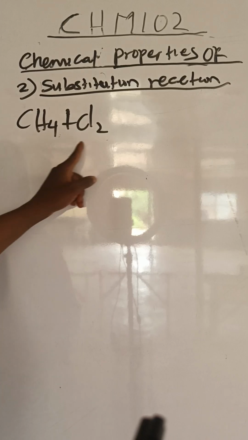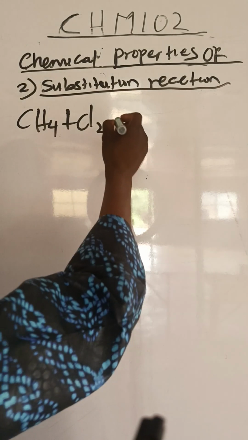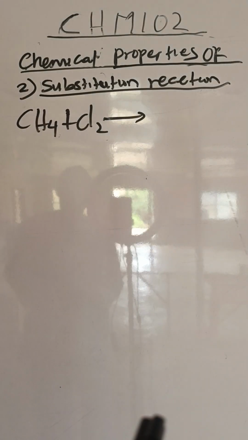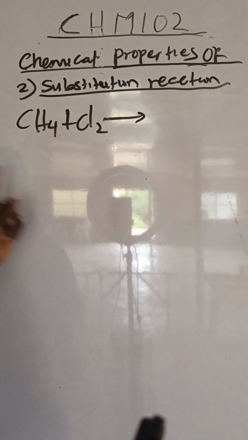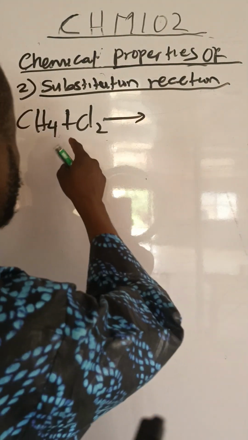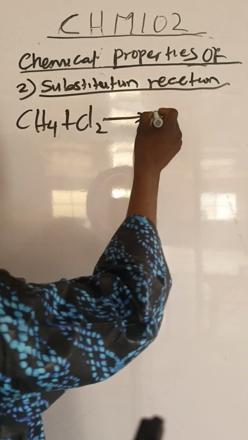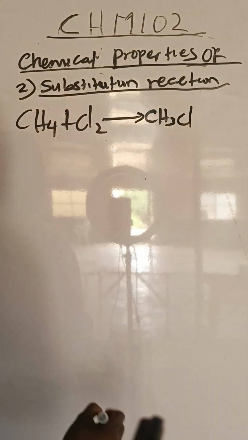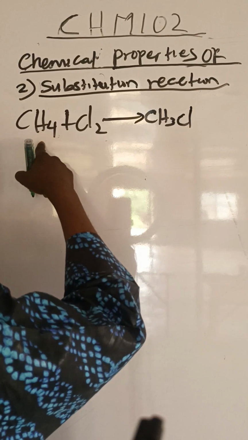Now, this methane will react with chlorine. What will it give us? This methane will lose one hydrogen atom, and you are going to replace it with chlorine. This will give us CH3Cl and HCl.